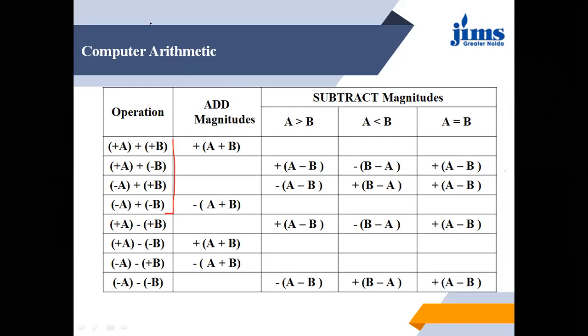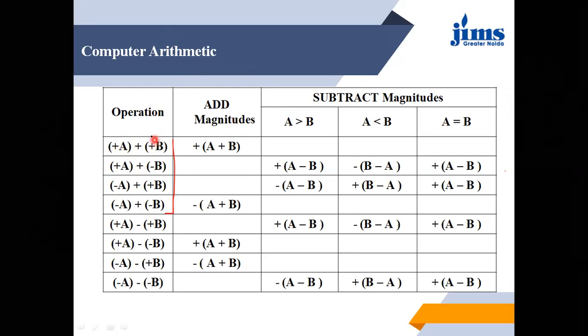Suppose I want to make some rules from here. When I am doing addition, first of all we have to check the numbers.